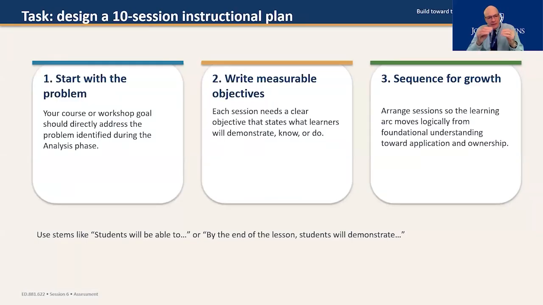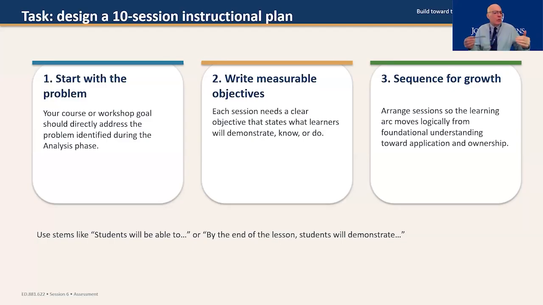So getting into a little bit of a summary of what the project will be, often students design a 10-session instructional plan. And this mirrors what happens in real life with learning designers, whether you're working at a university, working with faculty, or you're working in a K through 12 setting. So we suggest you start with the problem.